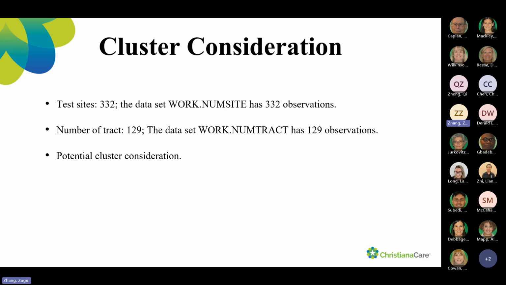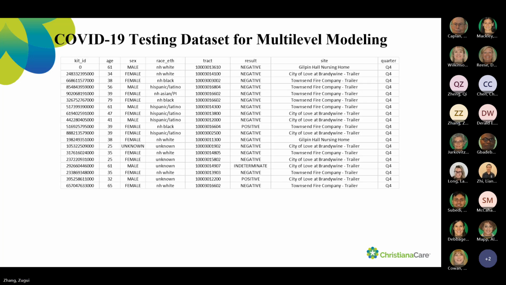So the first level is the participants, and the second level will be the cluster based upon the test site and the tract. This is the data set for this multi-level analysis. As we can see, each participant was located in some test site and also in some tract.